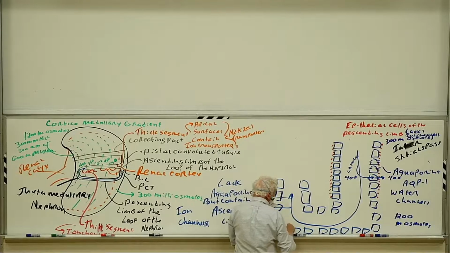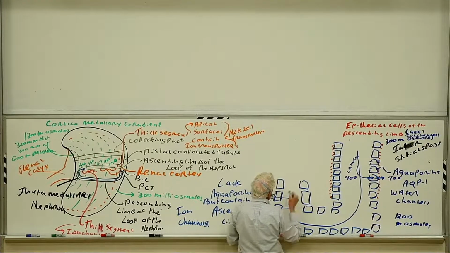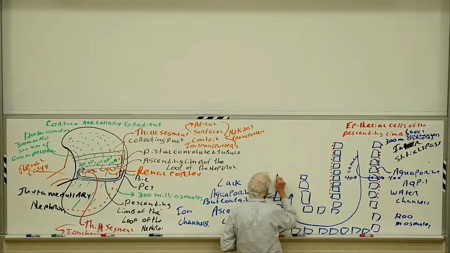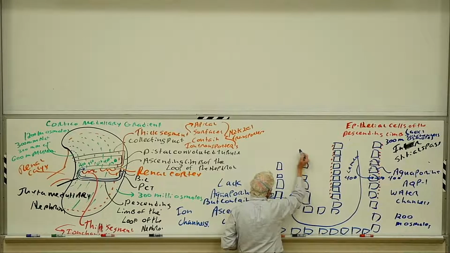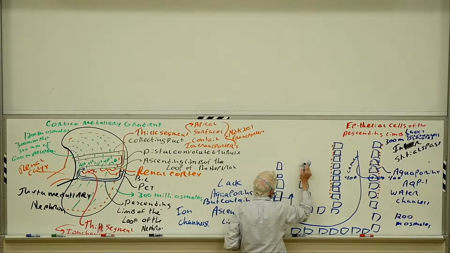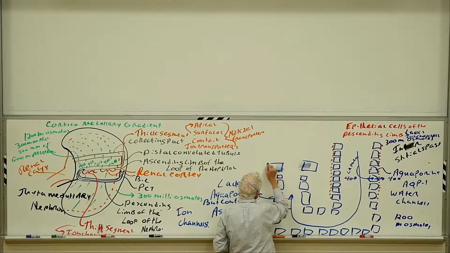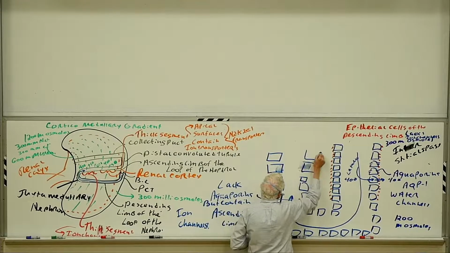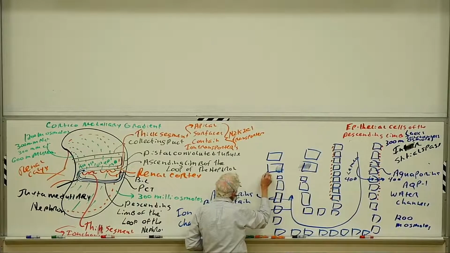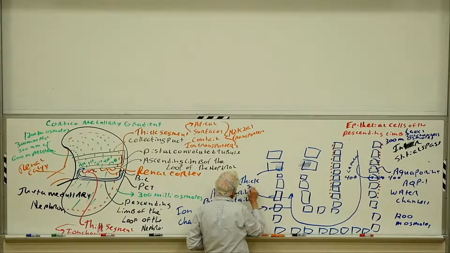So I'll draw a couple more examples of epithelial cells here, which are meant to be thin segment. And now we enter here. Make these a little longer so we get a sense that this is the thick segment. So these are epithelial cells of the thick segment.